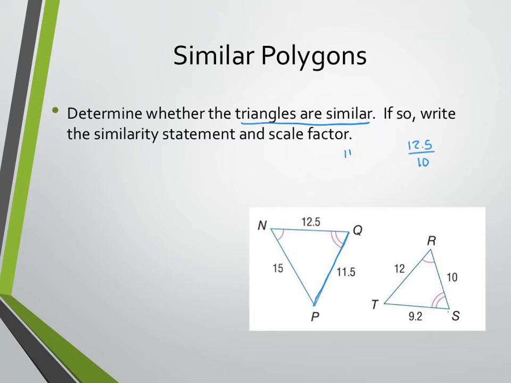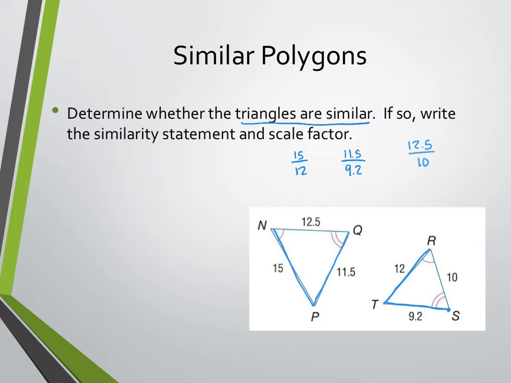That is 11.5 over the two corresponding lines to the blank one, 9.2. And then my third ratio is the blank one to the one corresponding line, so 15 over 12. Okay, so these are my three ratios for my three sides.